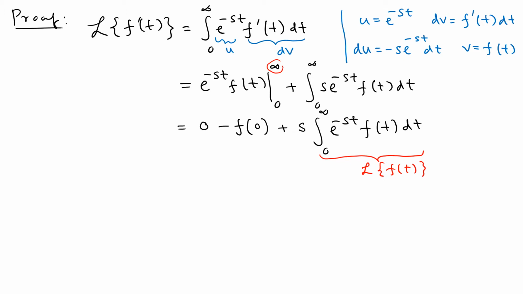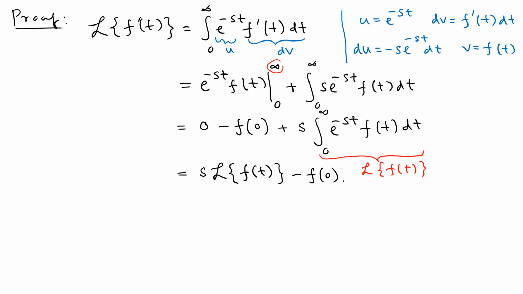So we have a formula: it is s times the Laplace transform of f(t), the original function, and then minus f(0). So that's what you get as the formula.